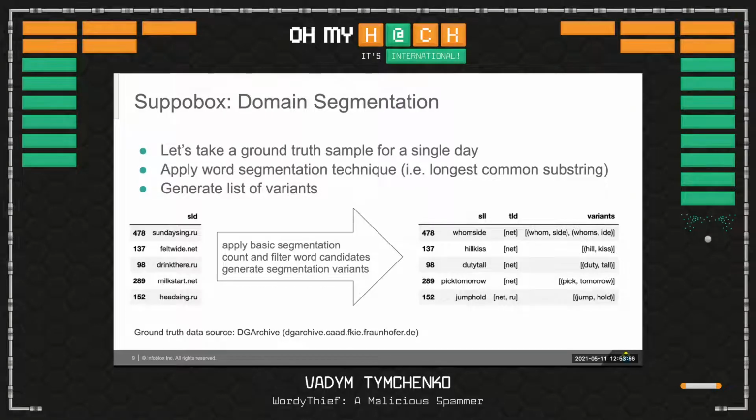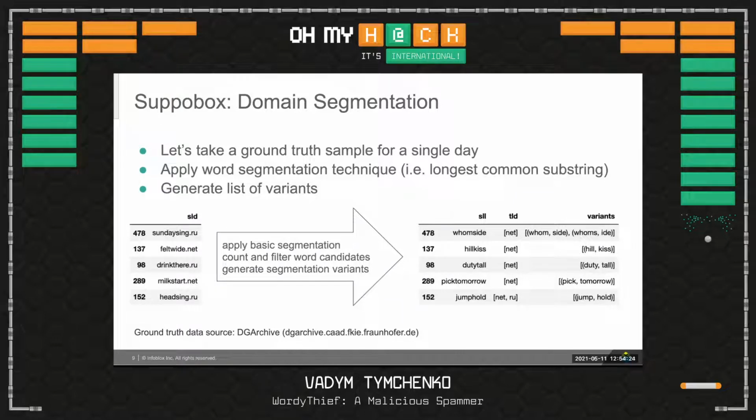First, let's take a ground truth sample for a single day. We apply a word segmentation technique. Here we just used a simple word segmentation, choosing the longest common substring and keeping only those substrings which are longer than a certain threshold and are found more than a certain number of times.